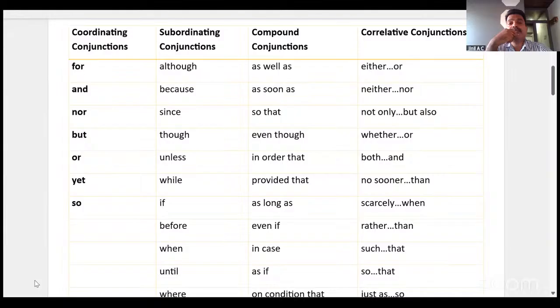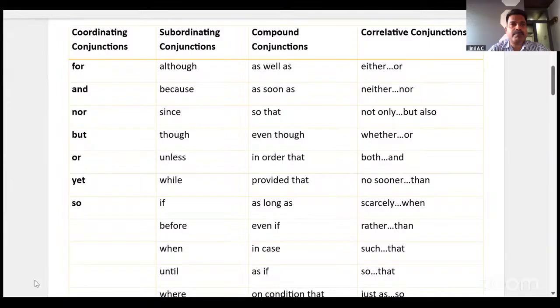That for is a preposition. This is not that for. This for actually means something like because. But that's used in Old English, in the traditional language. In books like the Bible, we used it too much. But nowadays, people don't use it. So other than that, and, nor, but, or, so, these are very common conjunctions.